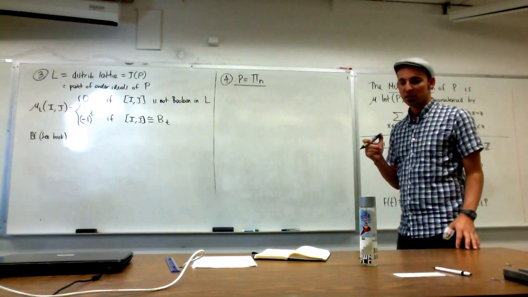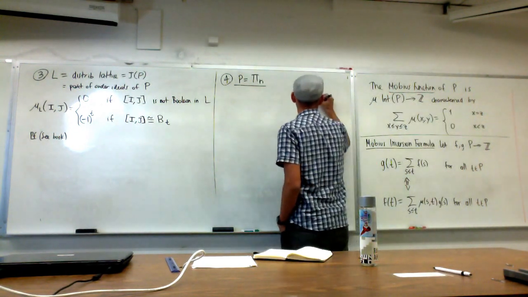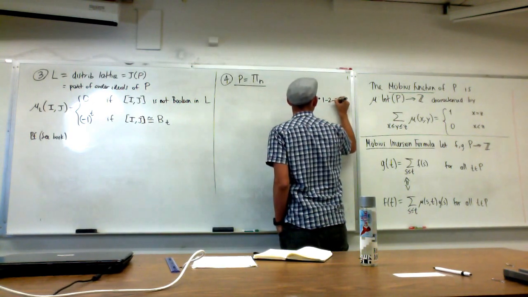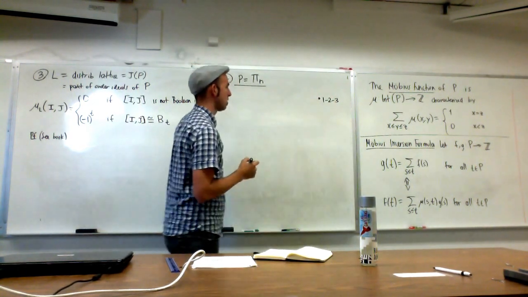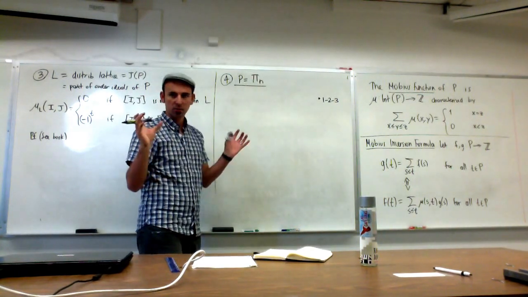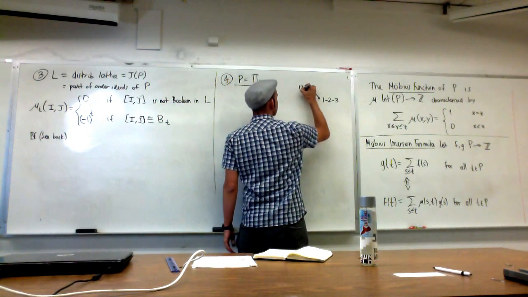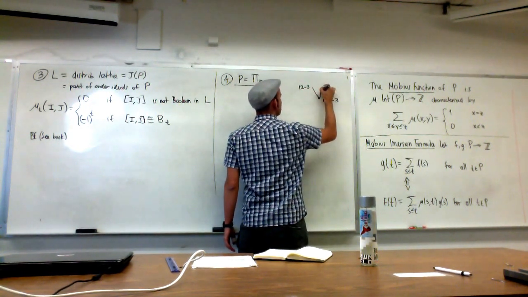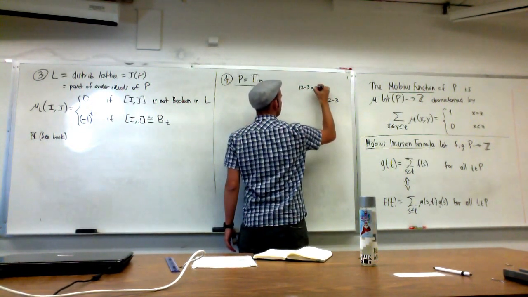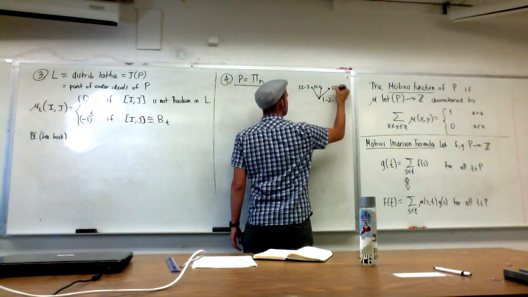So what about for the partition lattice? So remember, the partition lattice is the lattice of partitions of a set where you go up by merging blocks. Okay. So I can either merge blocks 1 and 2, or 1 and 3, or 2 and 3.